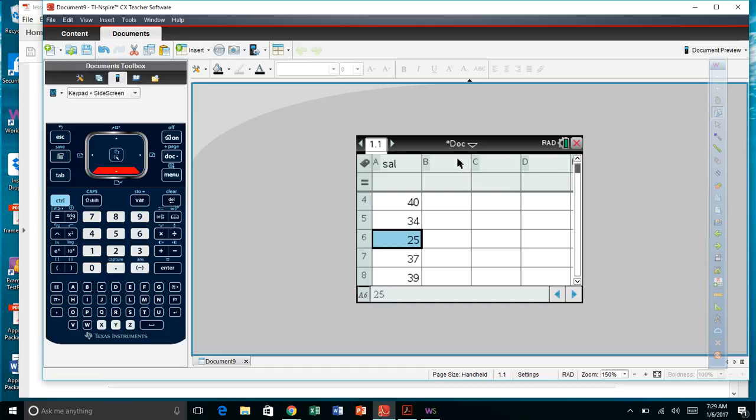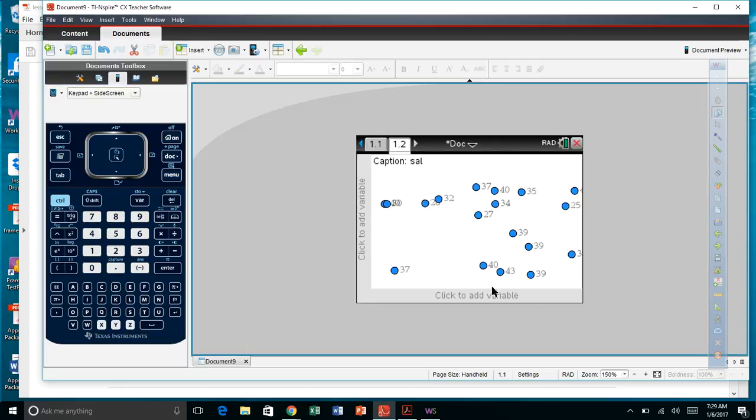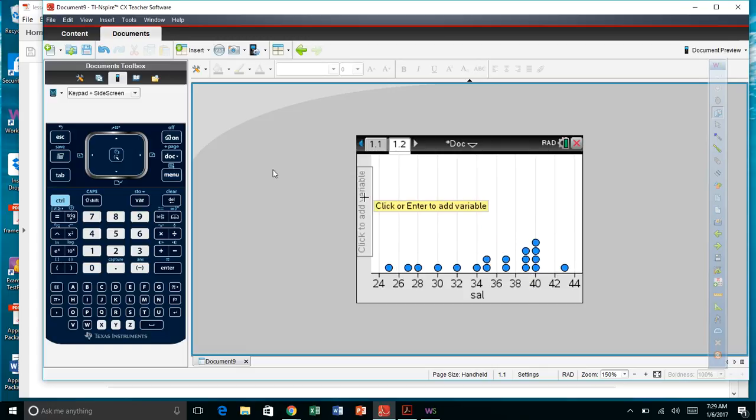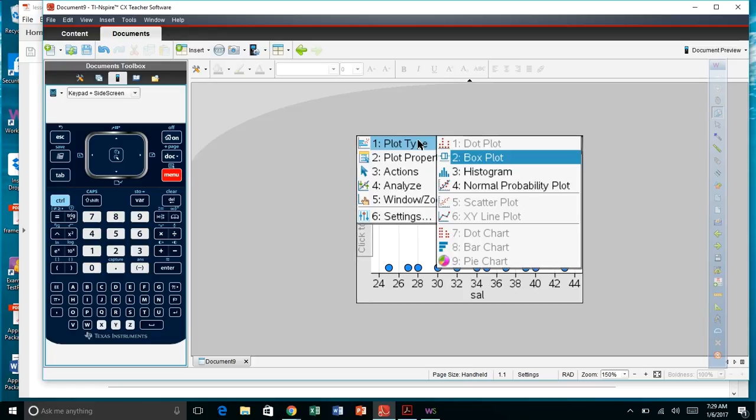We're trying to make a box plot. So let's see here. We're going to go to the bar graph thing, and we'll put salary right there, and then menu, box plot.